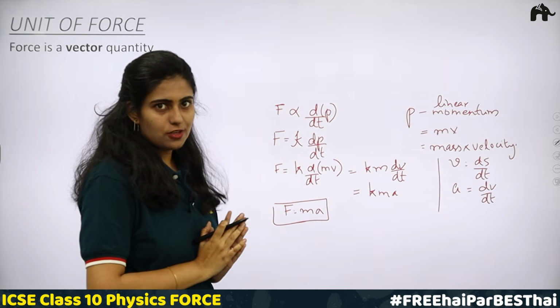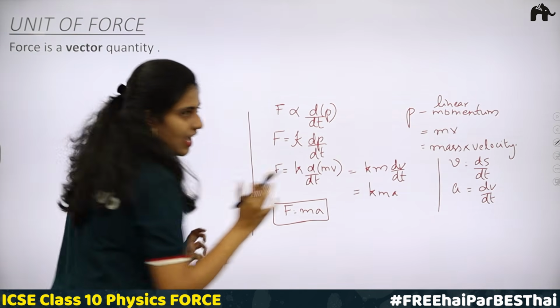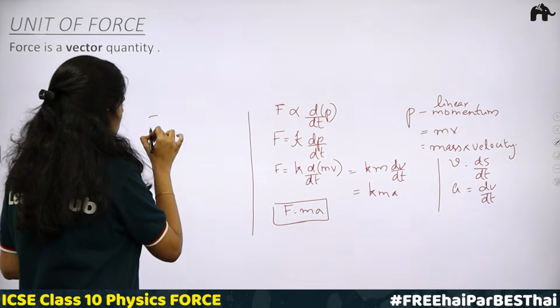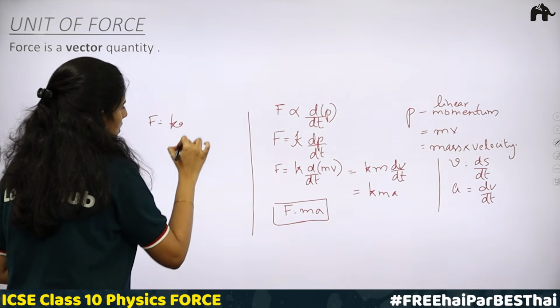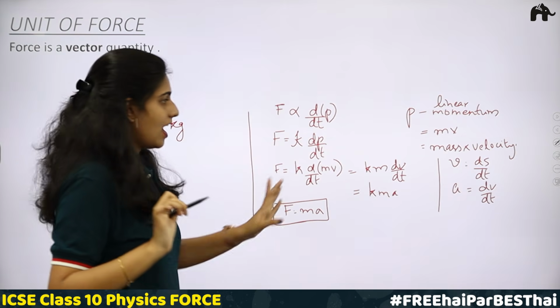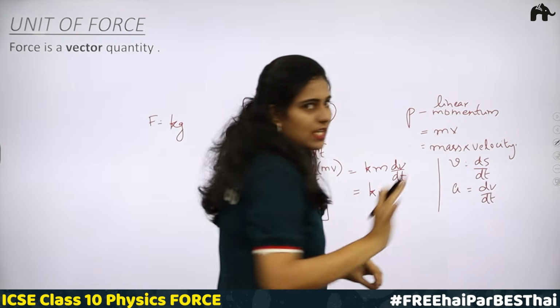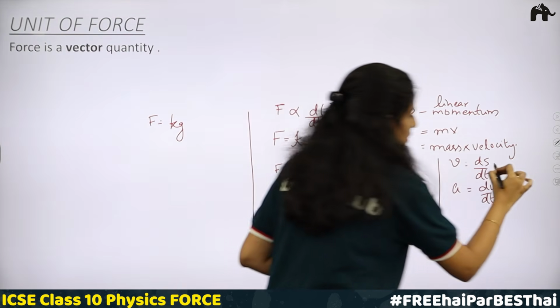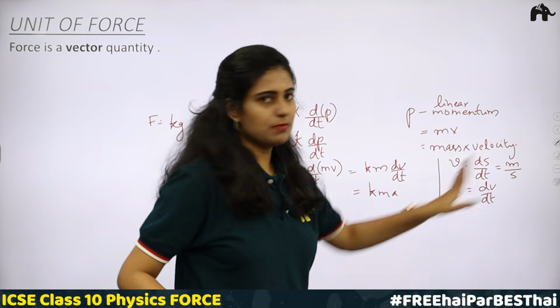Now we need the unit of force. It is a product of mass and acceleration. What is the standard unit of mass? Kilogram. Correct. What about acceleration? Acceleration is velocity by time, and velocity is displacement by time. The unit of displacement is meter, the unit of time is second, so the unit of velocity is meter per second.